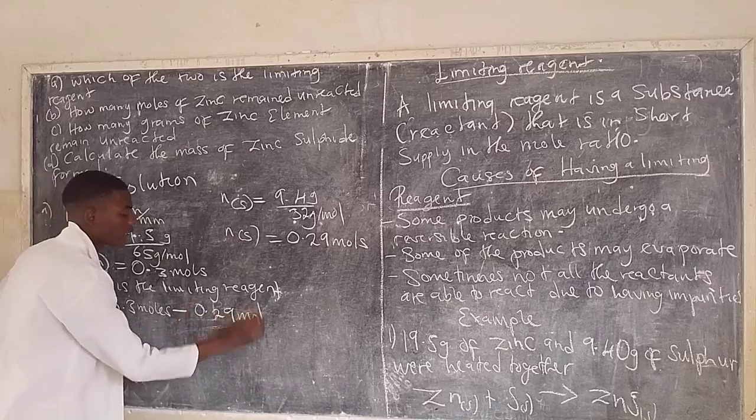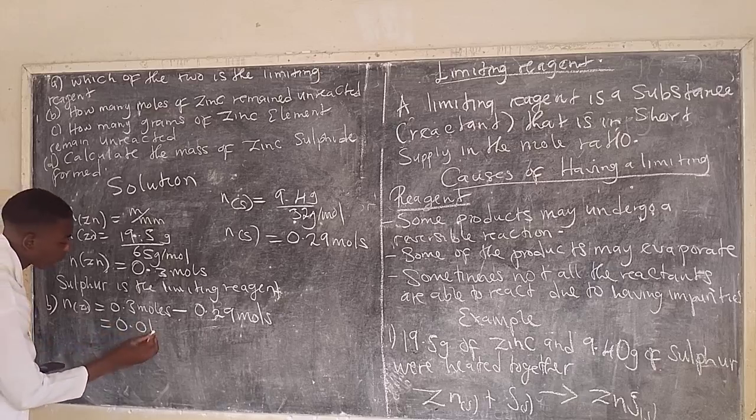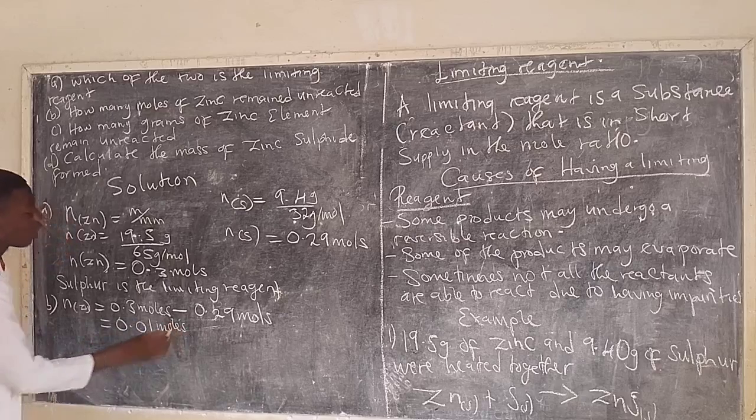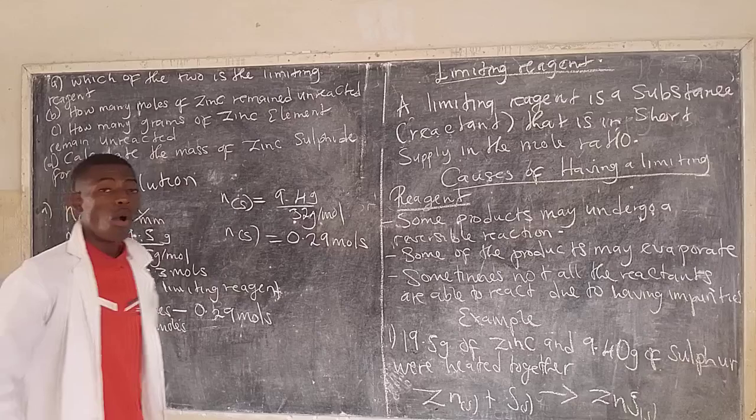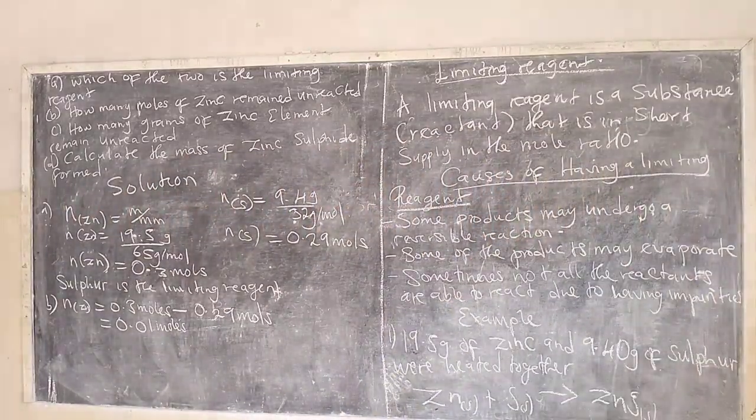From that, we are able to establish that our answer is equal to 0.01 moles. So out of this 0.3, only 0.01 moles of zinc remained unreacted.